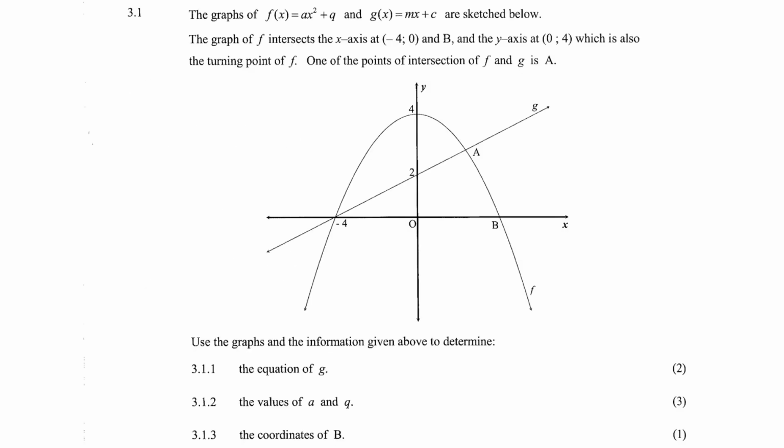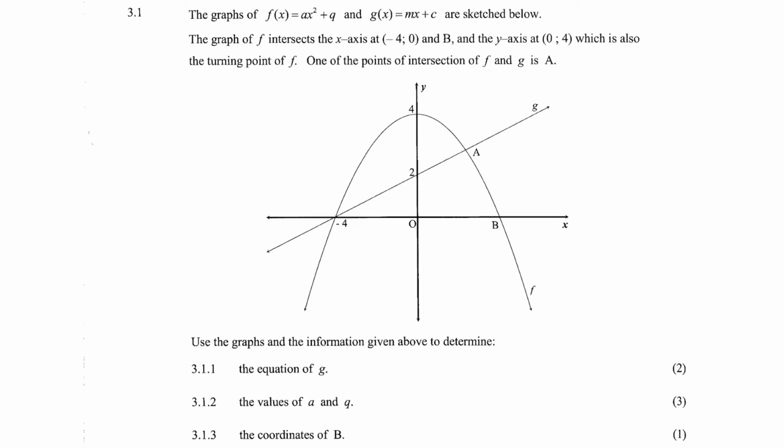Question 3, we have 3.1. The graphs of f of x equal to ax squared plus q and g of x equal to mx plus c are sketched below. The graph of f intersects the x-axis at (-4, 0) and b, and the y-axis at (0, 4), which is also the turning point of f.